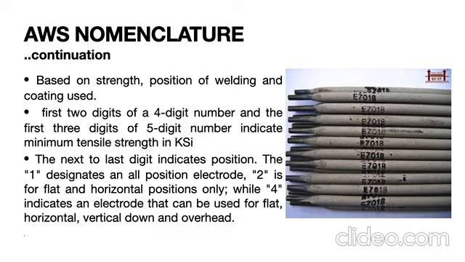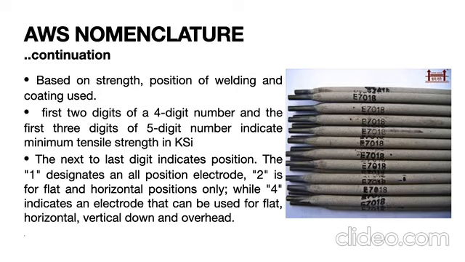The first two digits of a four character electrode or three digits of a five character electrode indicate the minimum tensile strength of the weld produced in KSI. The electrode shown here depicts 7018, which shows 70 KSI will be the minimum tensile strength of the weld produced.